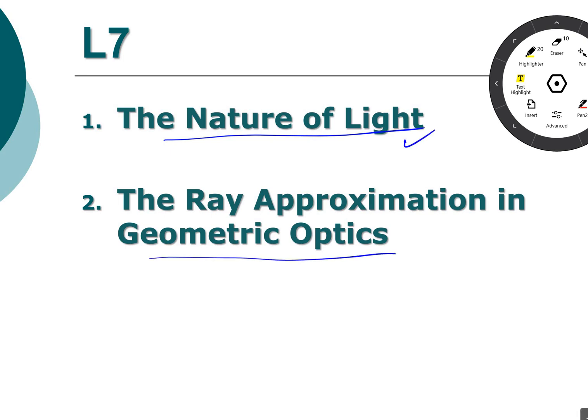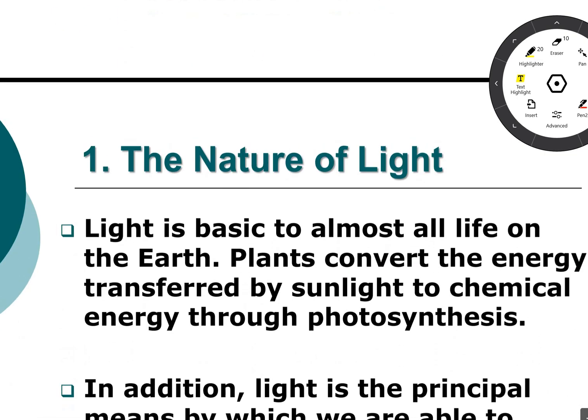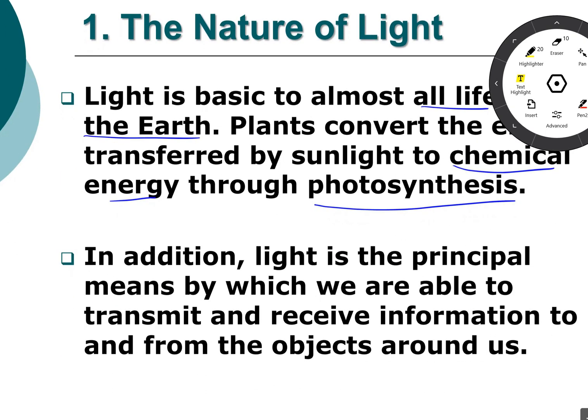If we start with the nature of light, as you know, light plays an important role in our life on the earth. Plants can store light energy as chemical energy using photosynthesis, and after that we can eat plants and meat, and take these chemical energies and use them in our life.